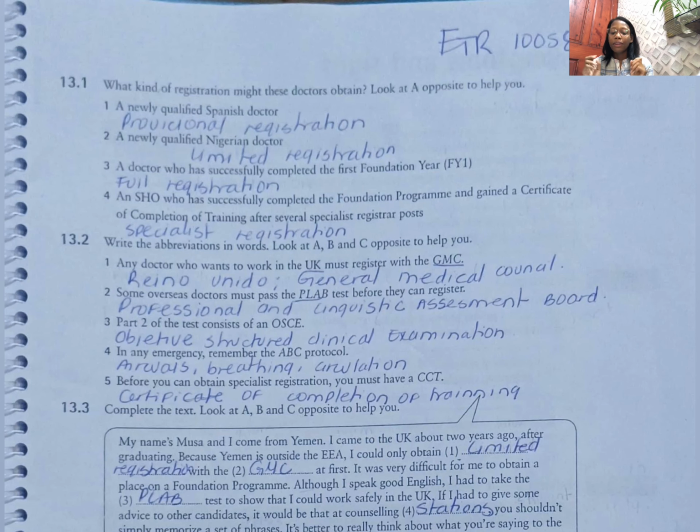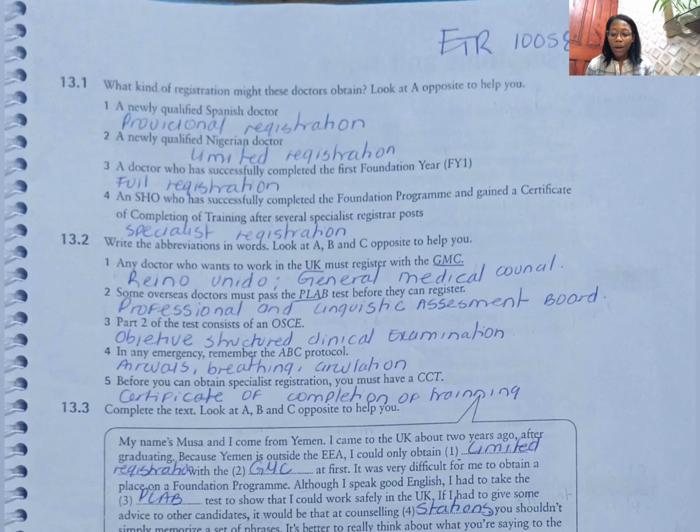Chapter 13. Exercise 1. What kind of registration might this doctor obtain? Look at A opposite to help you. 1. A newly qualified Spanish doctor gets provisional registration. 2. A newly qualified Nigerian doctor gets limited registration. 3.